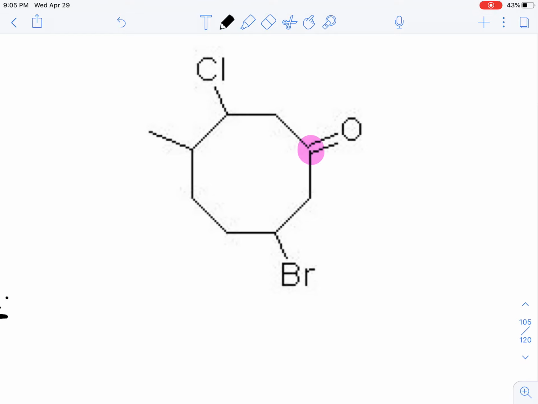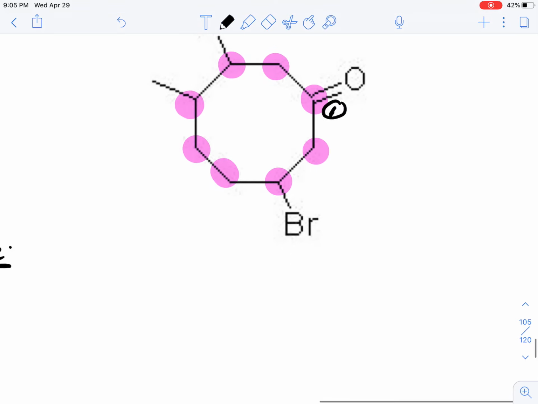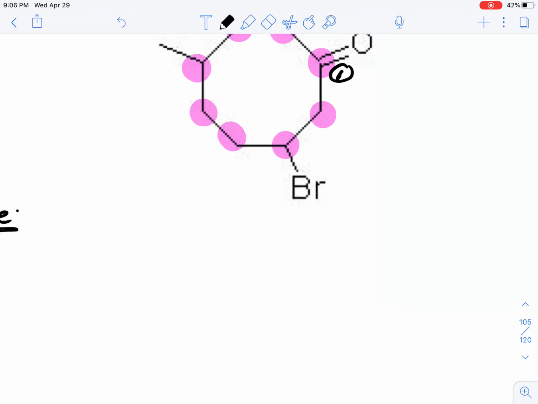The carbonyl carbon is going to be carbon number 1. This is not set in stone, but I'm going to say 1, 2, 3, 4, 5, 6, 7, 8. So I'm just counting my carbons. So it looks like I have 8 carbons, and it's a cyclic ring. So this has to be a cyclooctane.